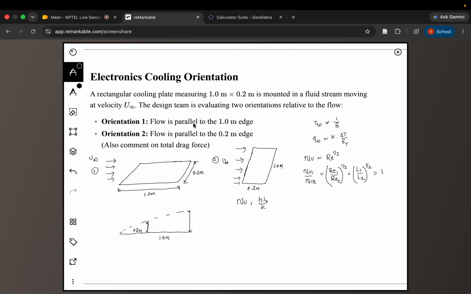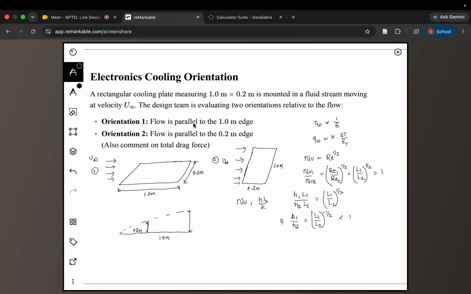What happens in this problem is that kappa, the thermal conductivity of air, is the same for both. We'll have h1 L1 by h2 L2 equal to L1 by L2 to the power half. So h1 by h2 is L1 by L2 to the power minus half, which is actually less than 1.